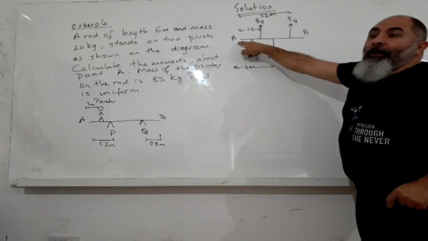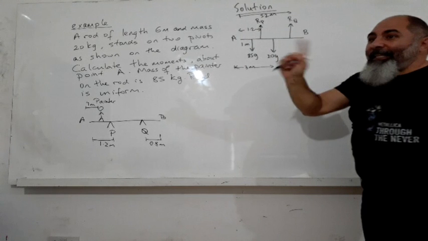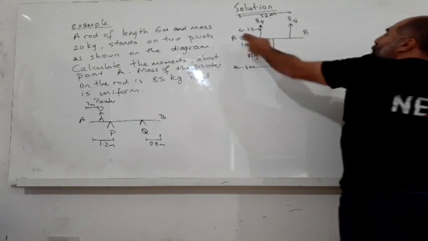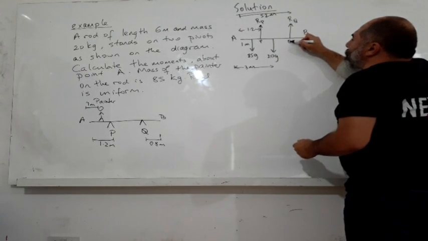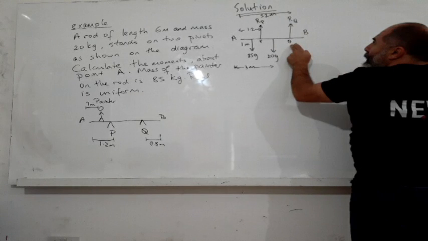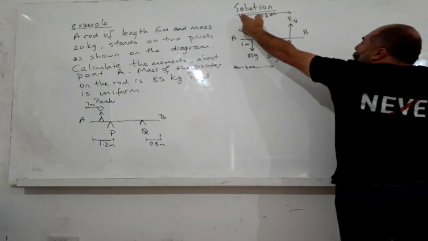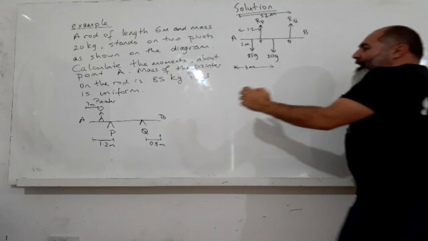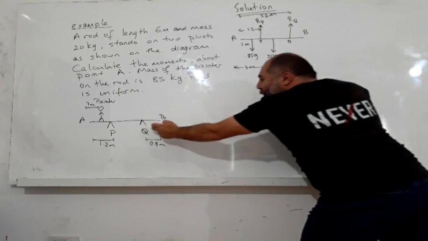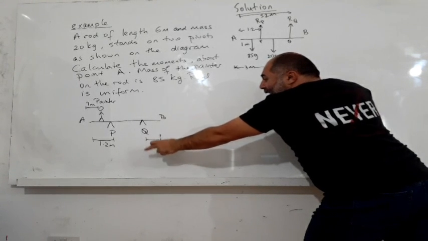So from A to Q, this is point P, this is point Q. From A to Q, the distance is going to be 5.2. How did we find it? The total distance was 6. From Q to B is 0.8. 6 minus 0.8 becomes 5.2 meters.